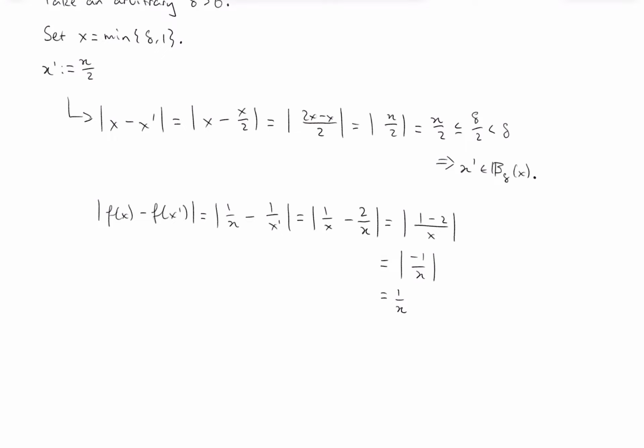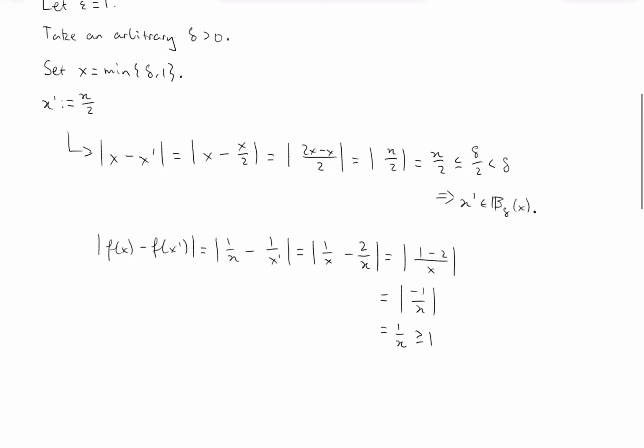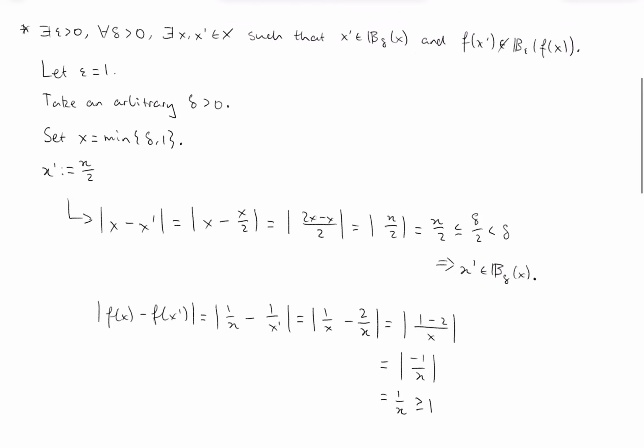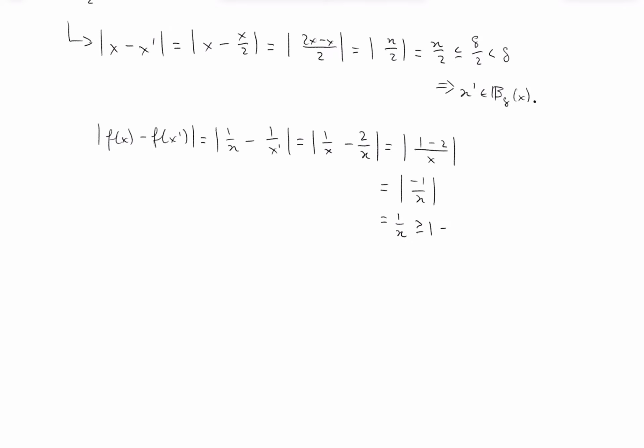If it's less than 1, then x would be delta. So therefore 1 over x must be at least 1. Okay, and now you see why we've let epsilon equal 1, because this is just an epsilon. Nice little trick.